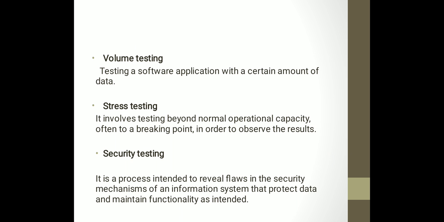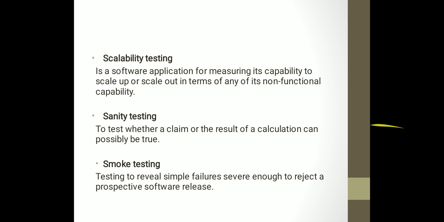Next one is volume testing. A certain amount of data is given to a software application and it has to be checked; this is called volume testing. Stress testing: we give the load beyond the breaking point. That is called stress testing. Next is security testing. We should reveal the flaws in the security mechanism of an information system. Scalability testing means scaling up or scaling out in terms of any non-functional capability.